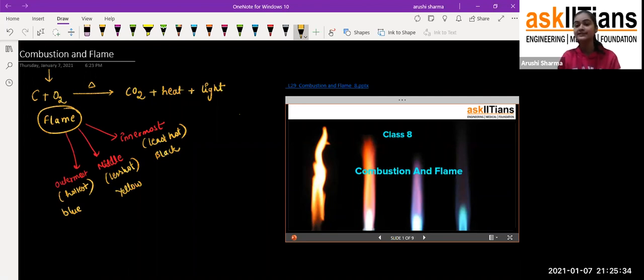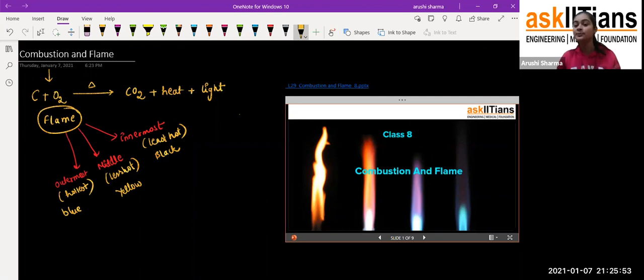And we have discussed some questions related to this topic. One of them: if we have two heaps of leaves, one dry and one wet, which one catches fire more easily?